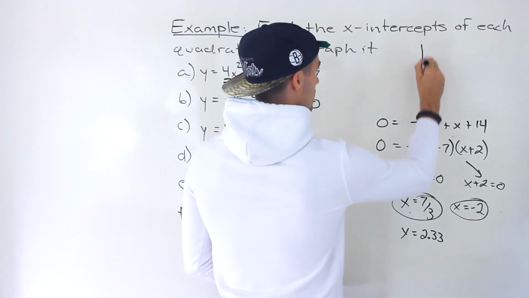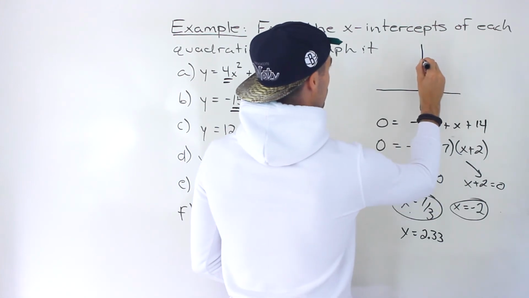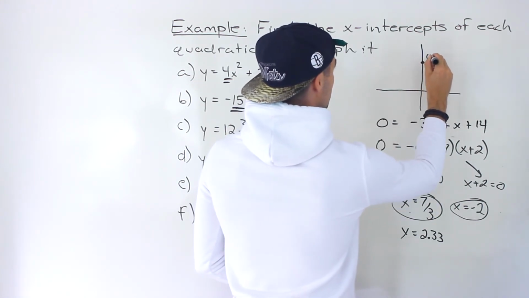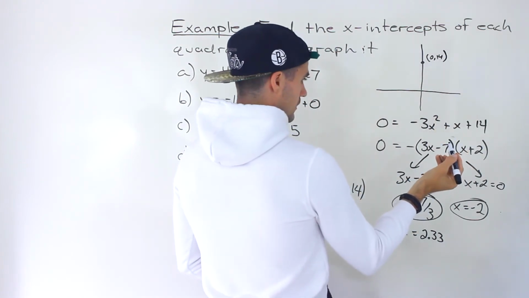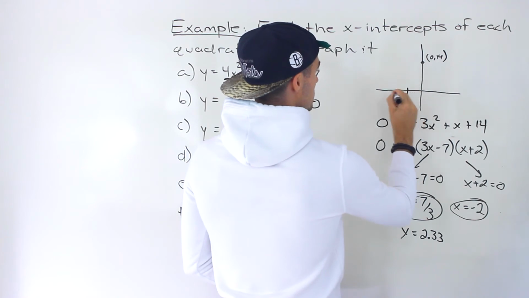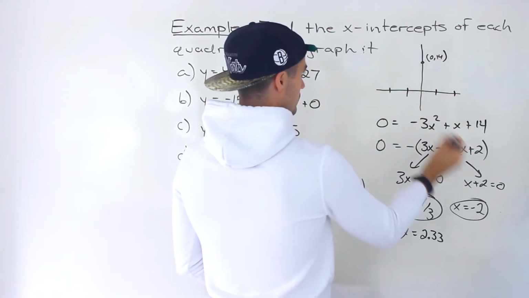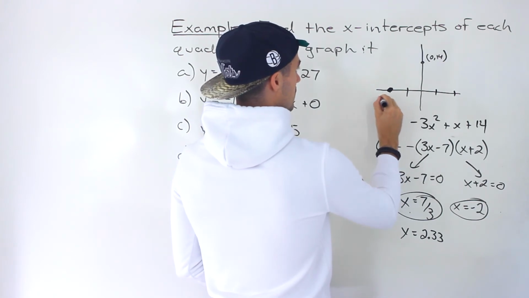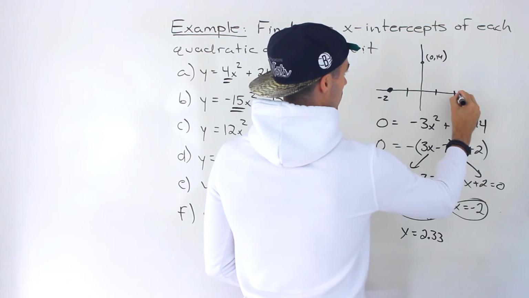So if we draw this out, we'll have 0 and 14, like that. Then we'll have -2, which would be like, let's actually keep this to scale. 1, 2. So -2 would be like over here. And then +2.33 would be like right here.